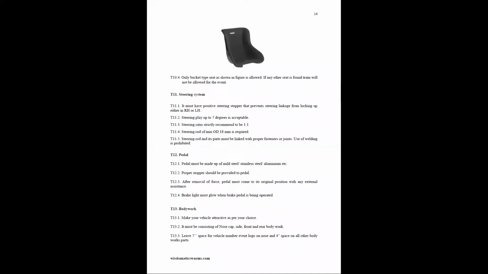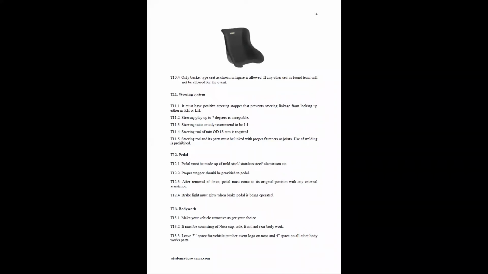Next is body work. Teams have their own choices. You can make your vehicle attractive as per your thinking or imagination. But some points are mandatory: nose cap, side, front, and rear body work.